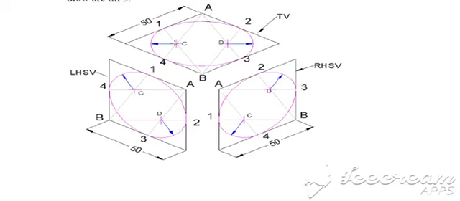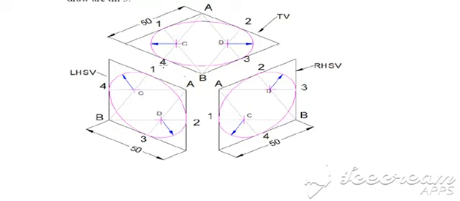Now take C as a center and again the distance till the midpoint as a radius, mark an arc. D as a center, distance till the midpoint as radius, that is D2, mark an arc.